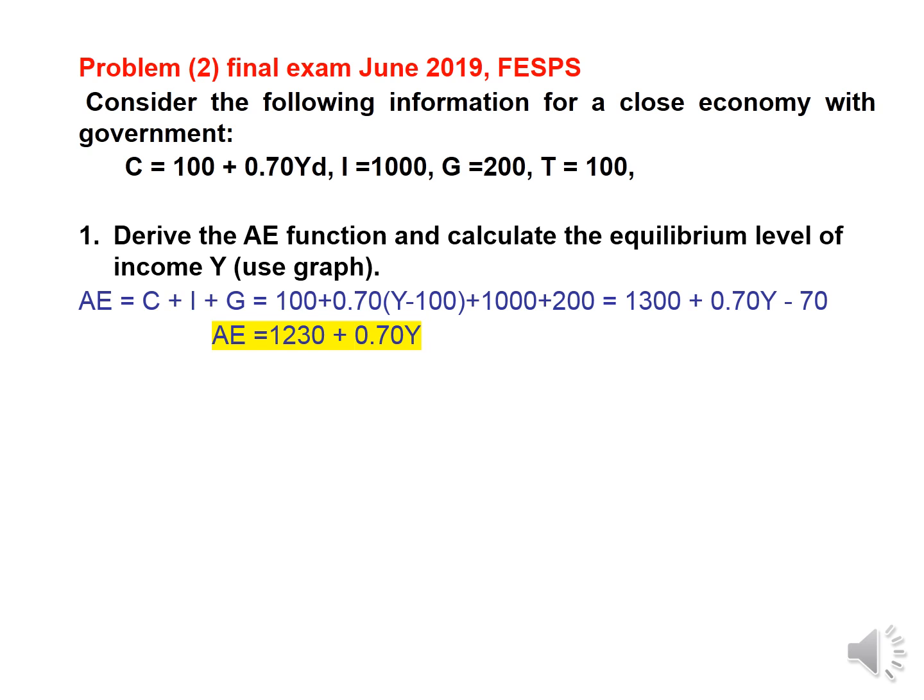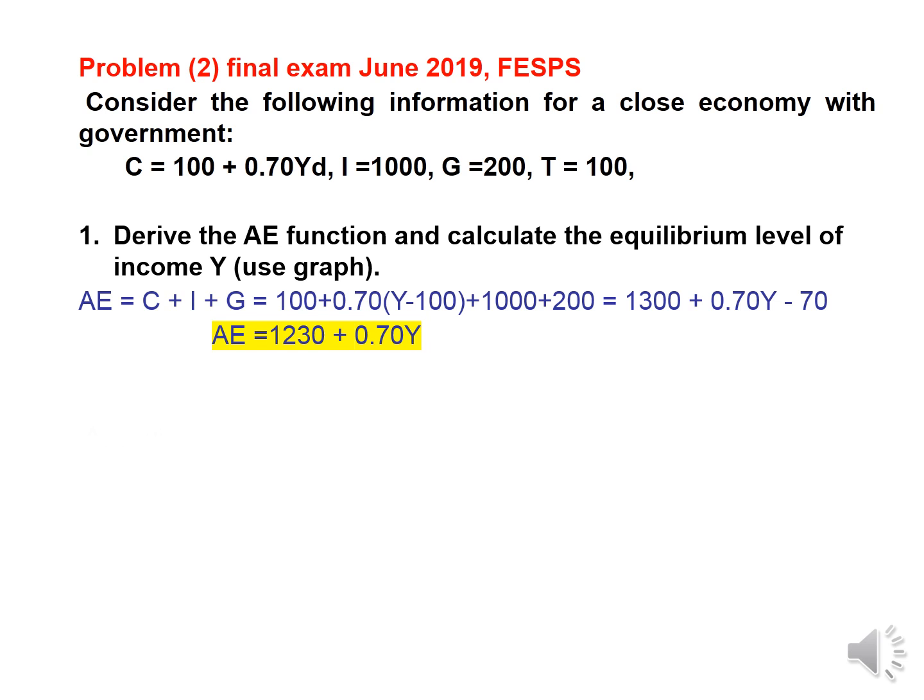So I subtract 70 from 1300, which gives 1230 plus 0.7Y. Of course, the 0.7 is the marginal propensity to consume. We said before the slope of aggregate expenditure is the same as the slope of the consumption function, which is the marginal propensity to consume. The autonomous part is what differs: the value of investment plus government spending.